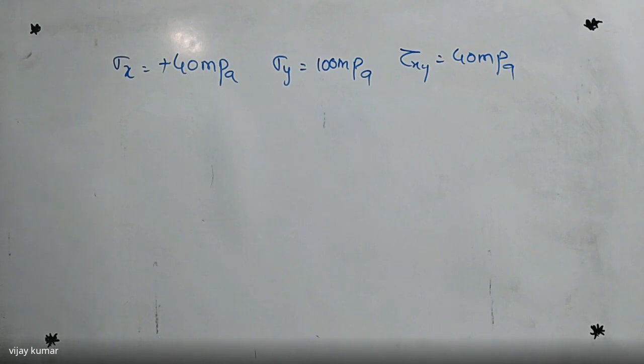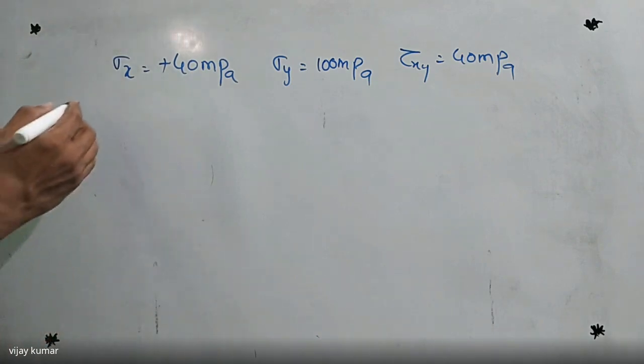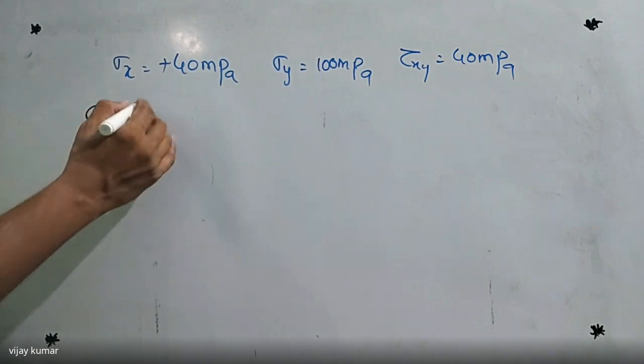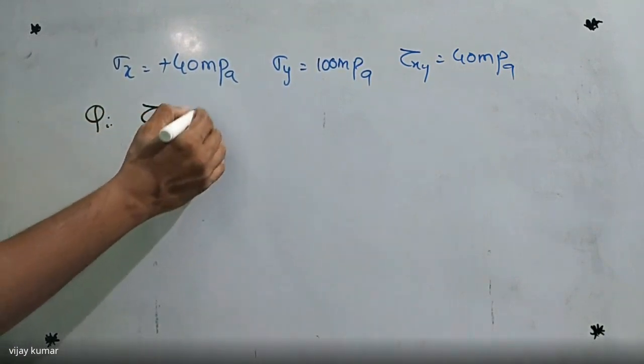So the question given in the GATE examination is: find the value of maximum shear stress, find the value of tau maximum.